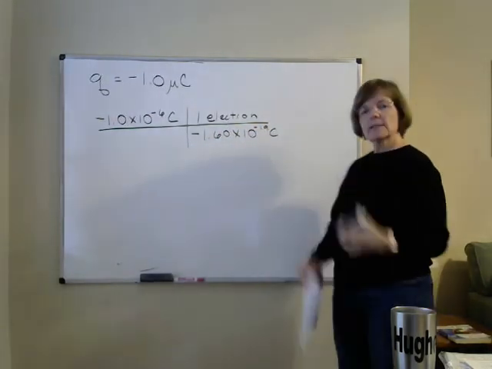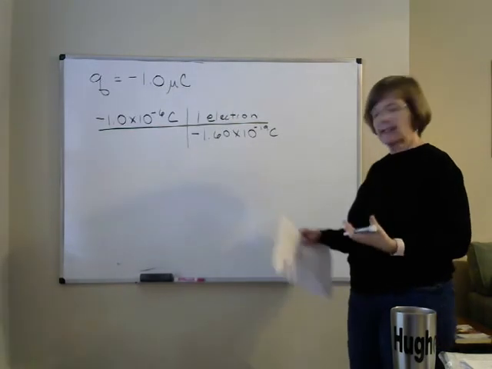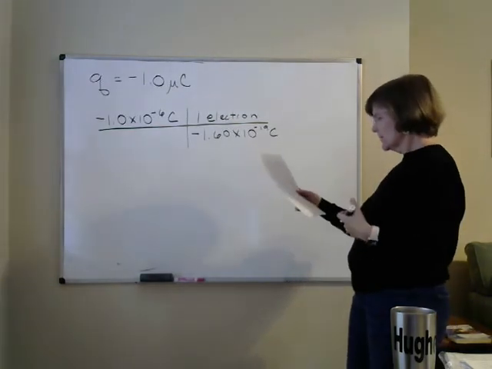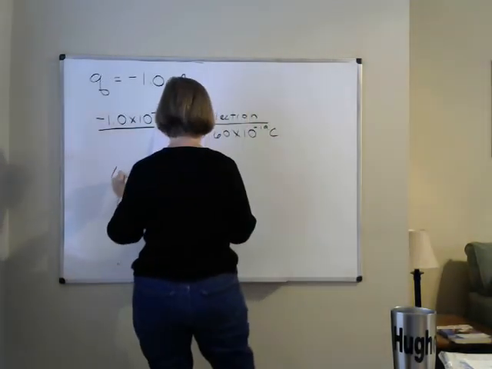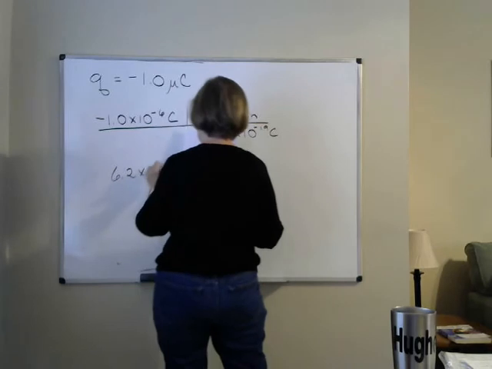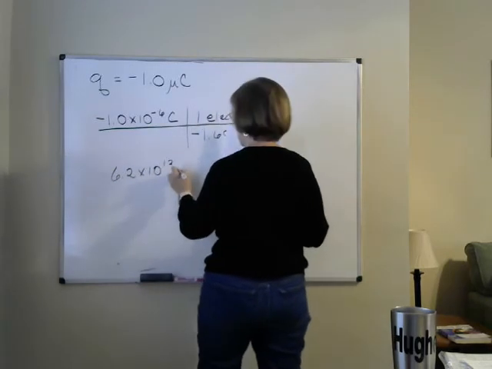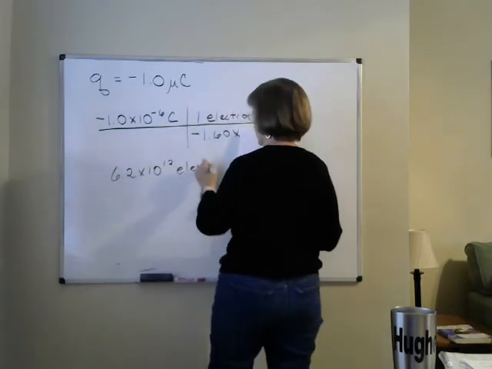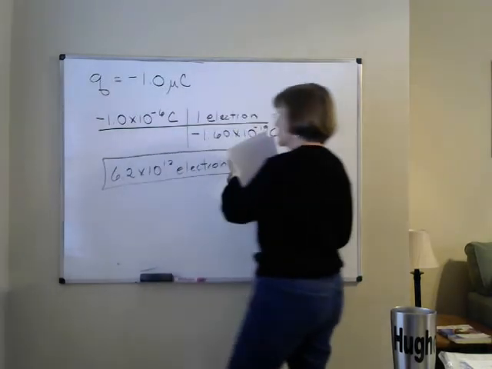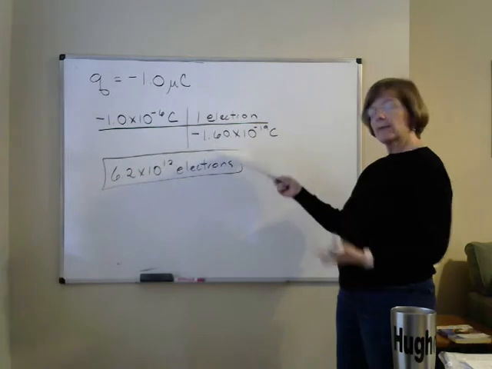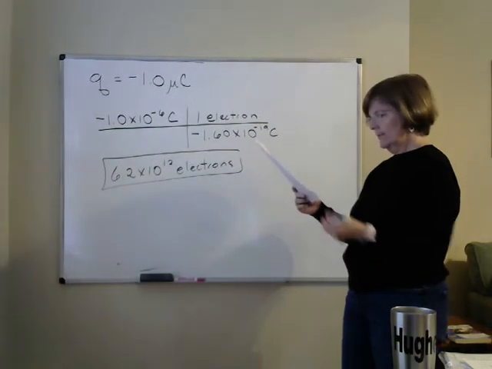If it had a positive charge, we would know that it had excess protons. So I just have to divide, and I see that that comes out to be 6.2 times 10 to the 12 electrons. I just had to divide that charge by the charge on one electron.